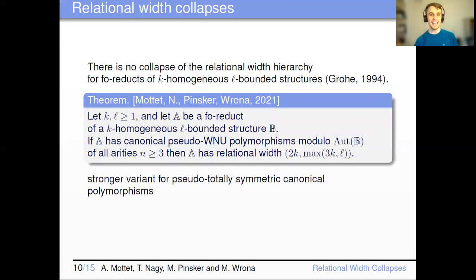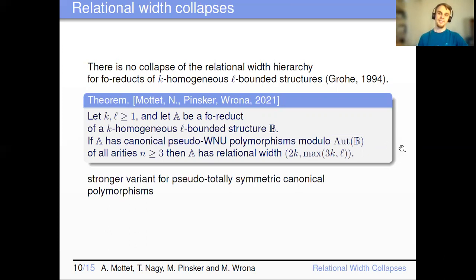So if we fix k and l, and A is a first order reduct of a k-homogeneous bounded structure that is preserved by these nice canonical pseudo-weak NU polymorphisms modulo the closure of the automorphism group of B, then it has relational width (2k, max(3k, l)).